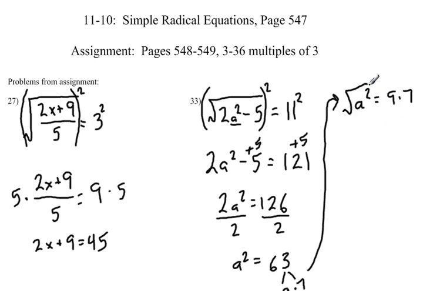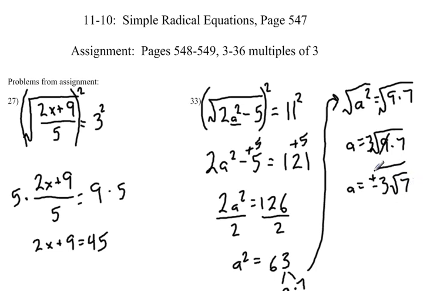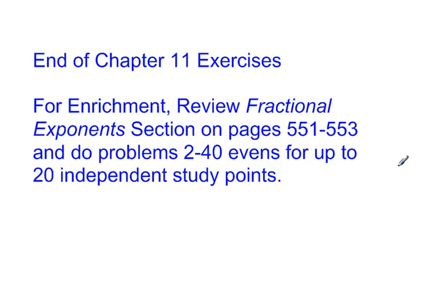What you can do is take the square root of both sides at that point, and you're going to get a equals the square root of 9 times 7. And then, of course, the square root of 9 is 3. So a equals positive or negative 3 square root of 7. And I believe that's it.